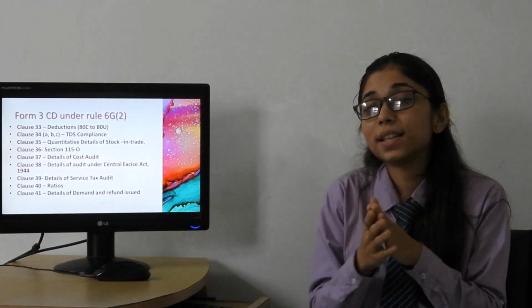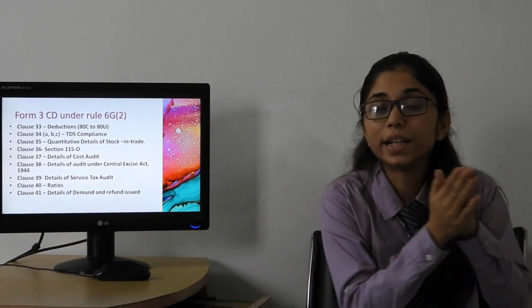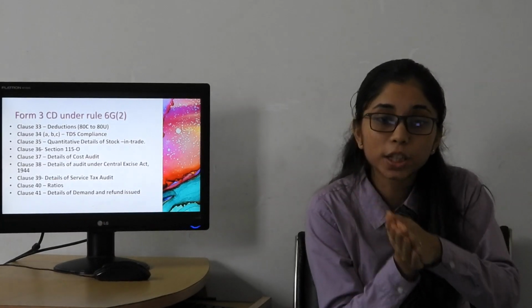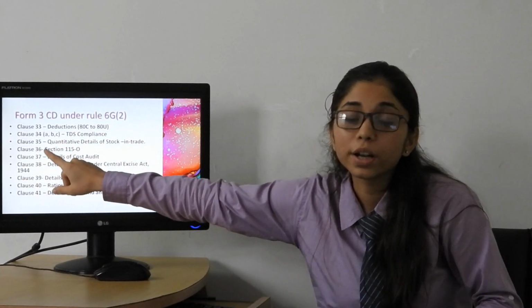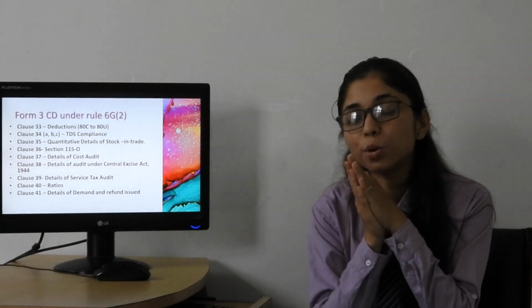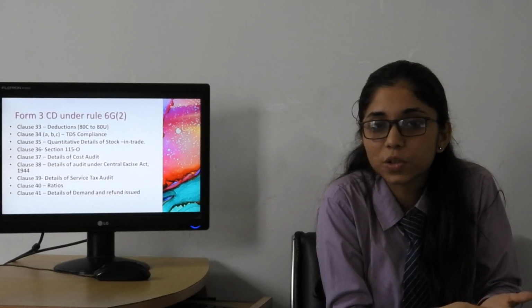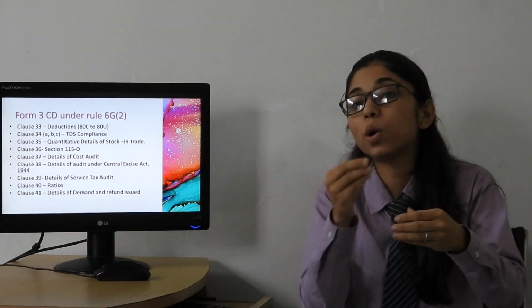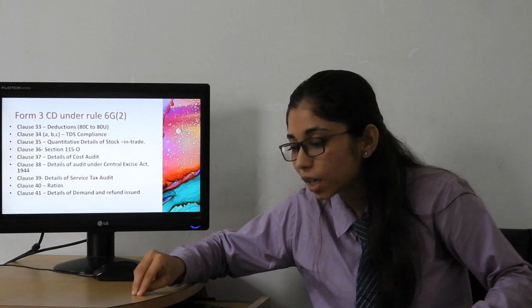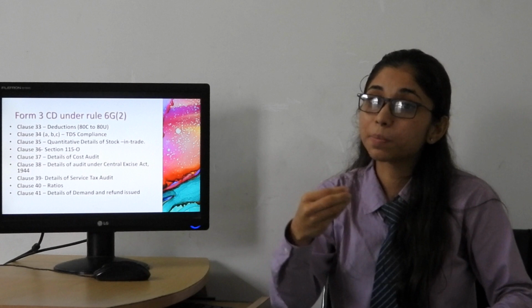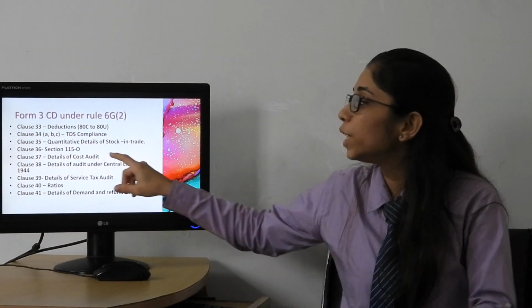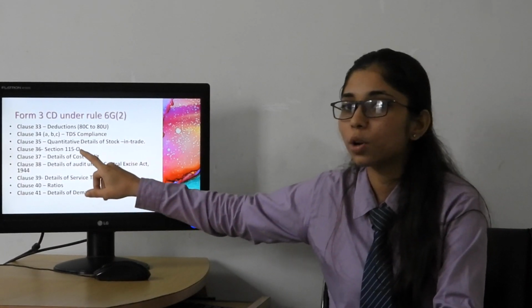Clause 34. If the assessee has to make any TDS compliance, you need to mention all the details in clause 34 A, B, C, where you need to mention when the TDS return has been filed, on which amount TDS has been deducted, and if there is any interest paid thereon, then you need to mention all such details in clause 34.